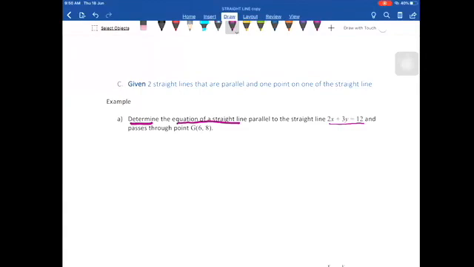So if I draw parallel lines, okay, dia mengatakan bahawa this line is 2x plus 3y equals to 12. Soalan nak equation of this straight line.